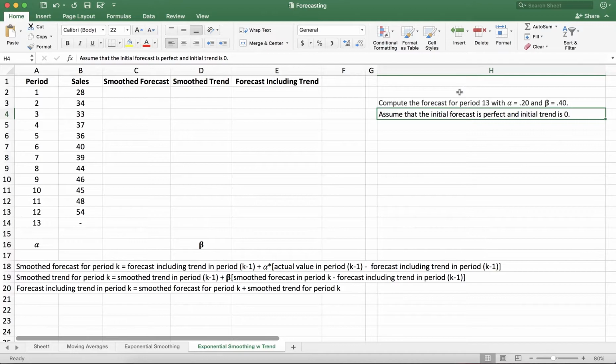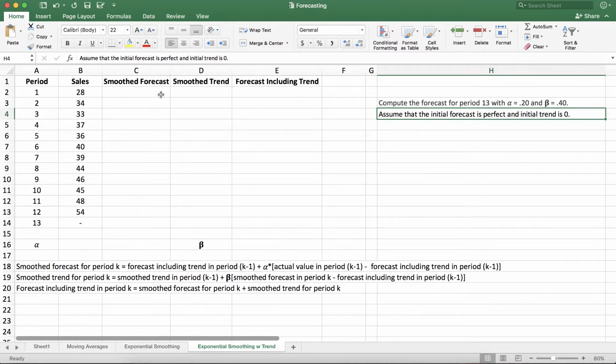These two sentences provide valuable information because they give me the alpha and beta values, which are the smoothing constants we are going to use in just a little bit. And then it also tells me about the initial forecast and the initial trend. Here's an important piece of information. When it says the initial forecast is perfect, what it really means is your initial forecast is equal to the initial true sales value.